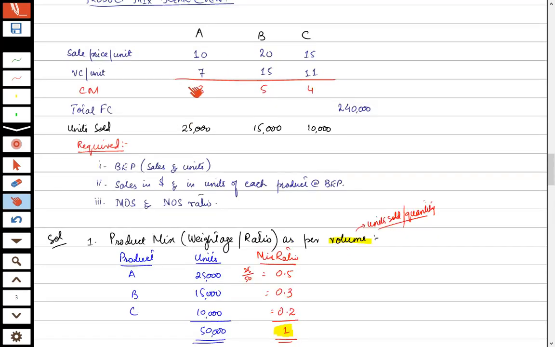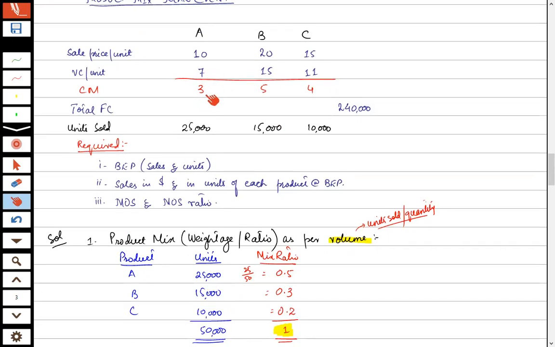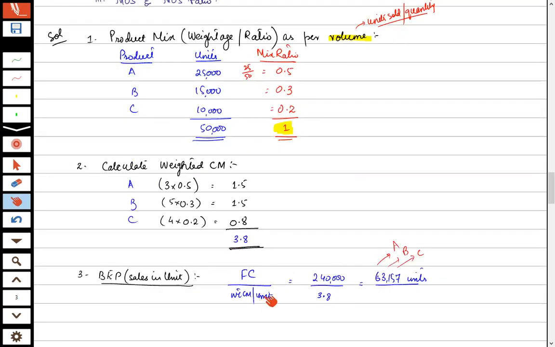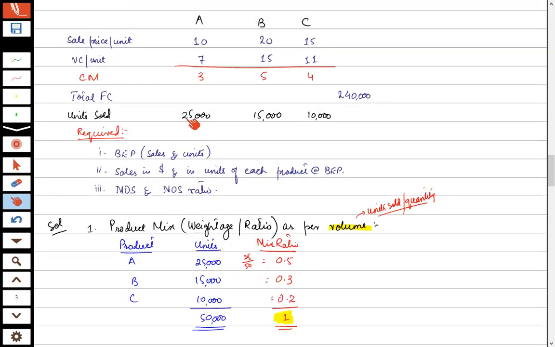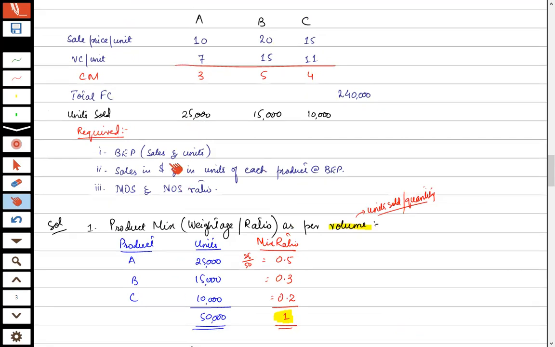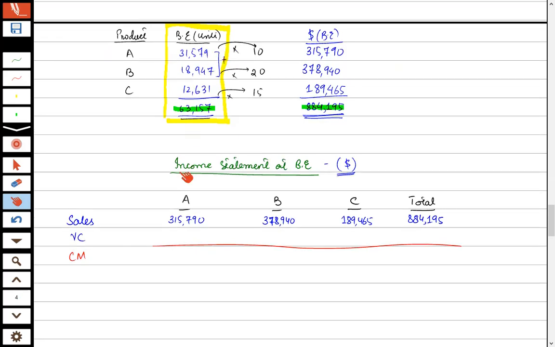So we will multiply the units by the respective variable cost and the respective CM, then we will get these amounts. Our first unit was, let's suppose, 31,579. It would be multiplied by 7 and by 3 to get these respective amounts. I am writing this. You please check it. These are the units. Done.